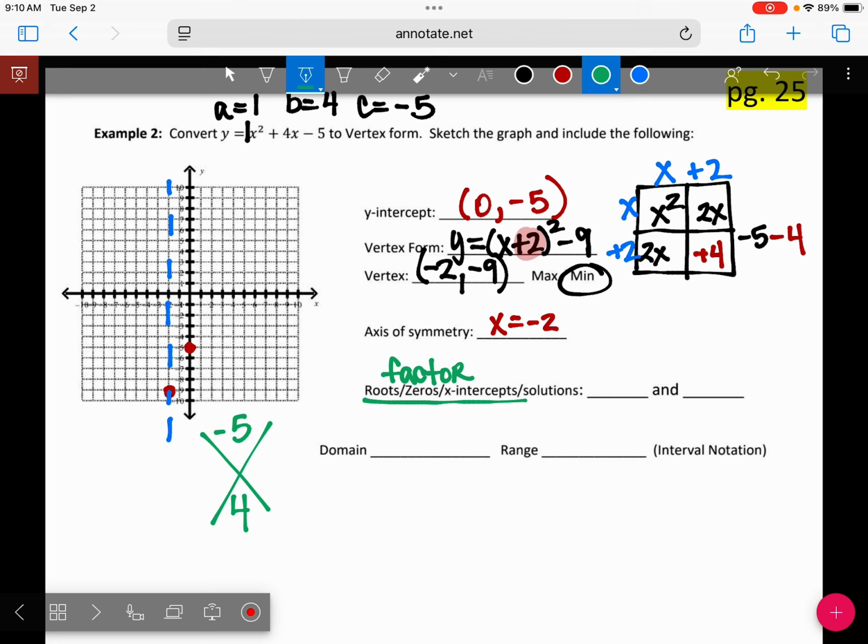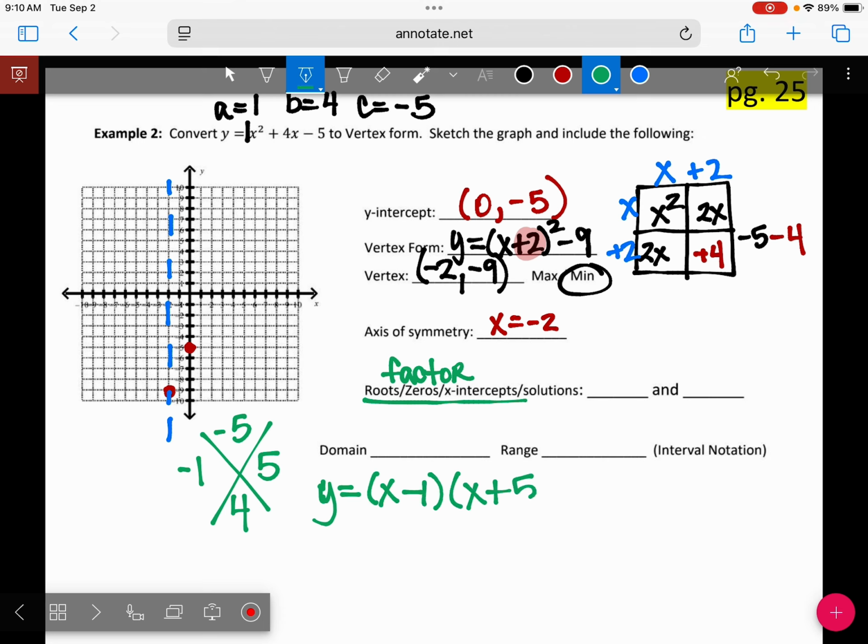The only thing that multiplies to be 5 is 1 times 5 because it's prime. And which one of those numbers is negative, the 1 or the 5? The 1. Which means that this is going to factor down to y equals (x - 1)(x + 5).